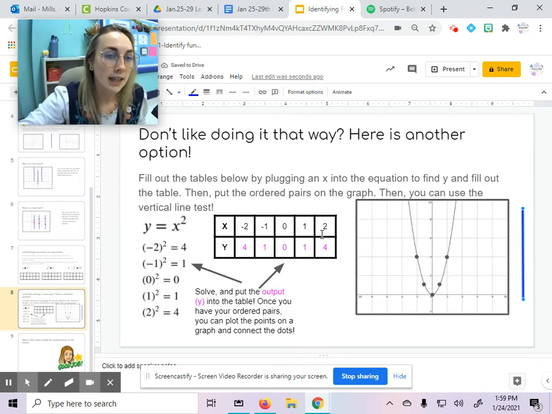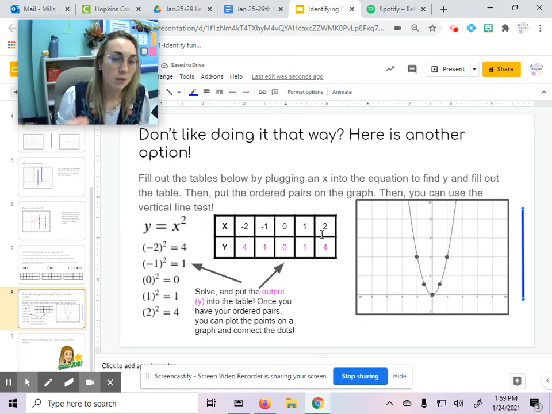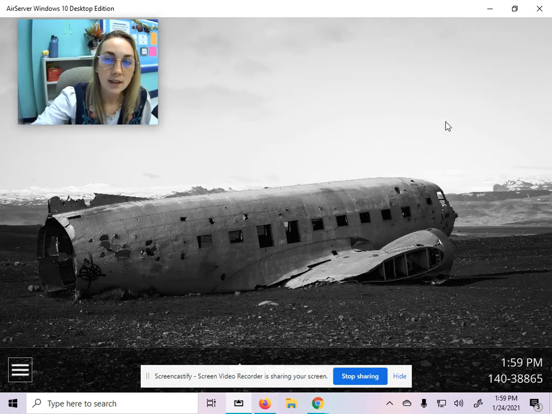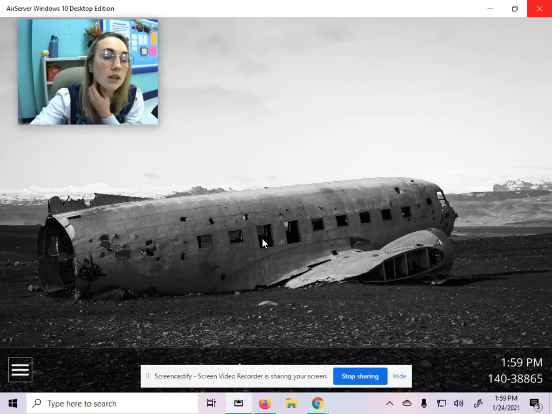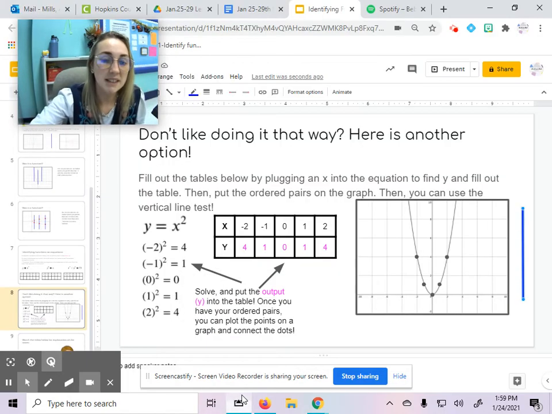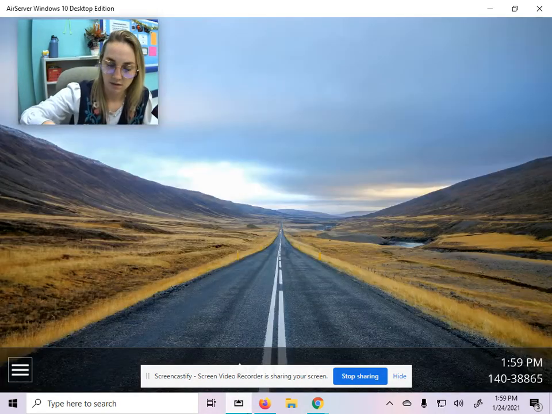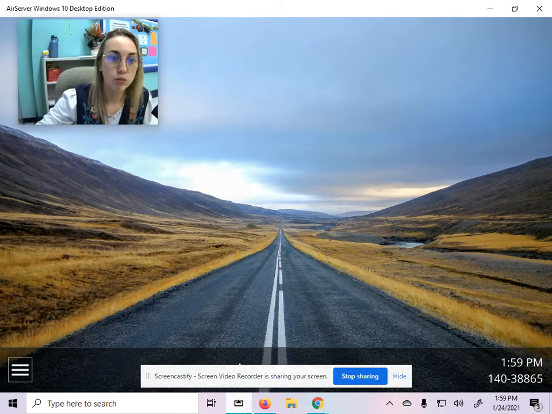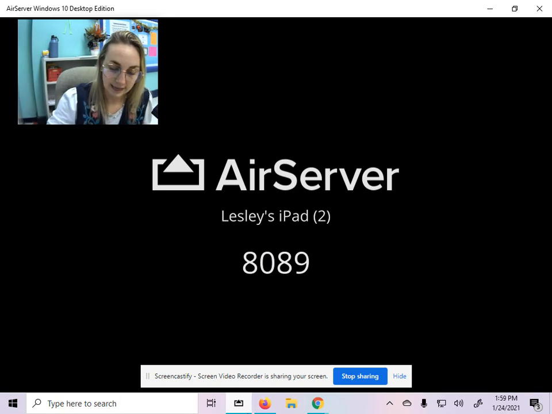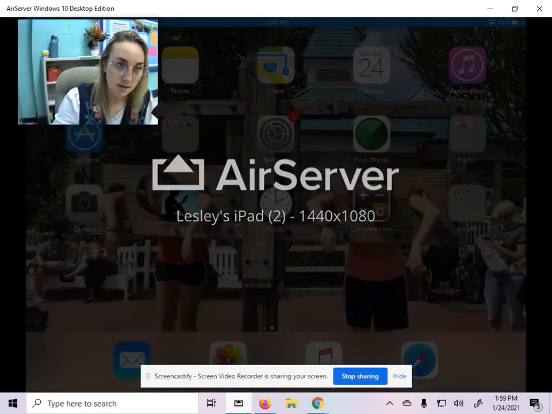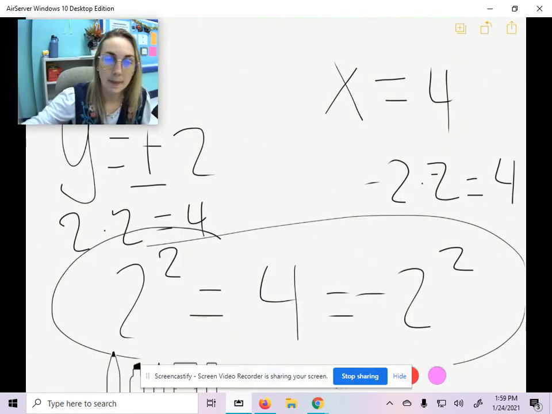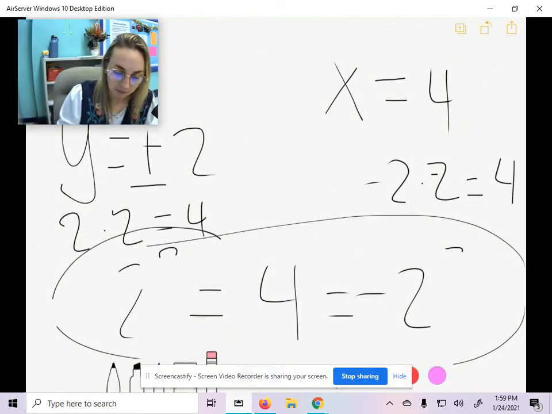But let's look at an example of an equation that won't be a function. So let me do something real quick. I already know this isn't going to work, so I've got to redo it. Okay, let me erase some stuff.